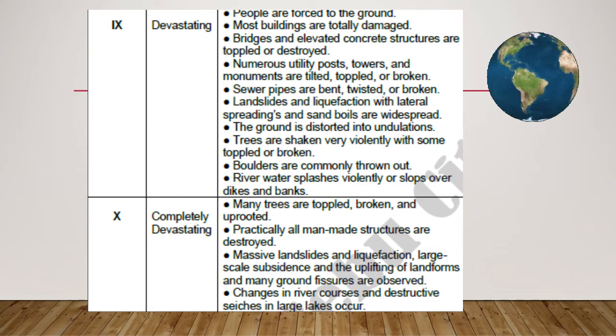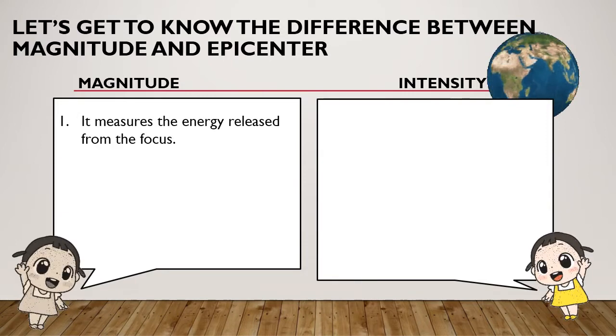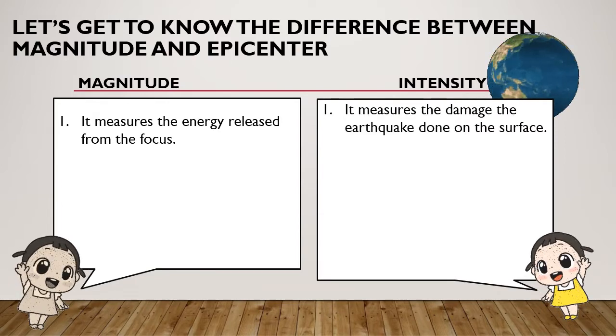So let's proceed. Let's try to differentiate magnitude and intensity. When you say magnitude, it measures the energy released from the focus. When you say intensity, it measures the damage the earthquake has done on the surface of the earth.